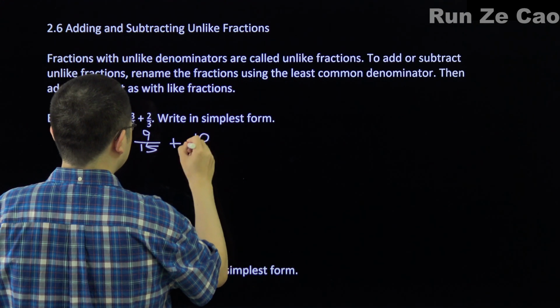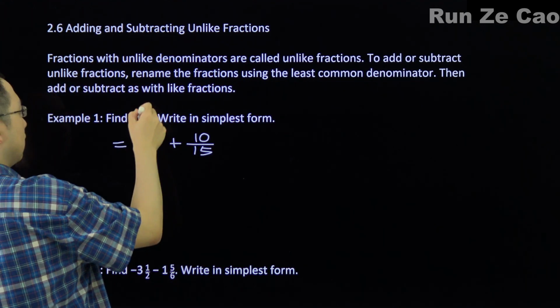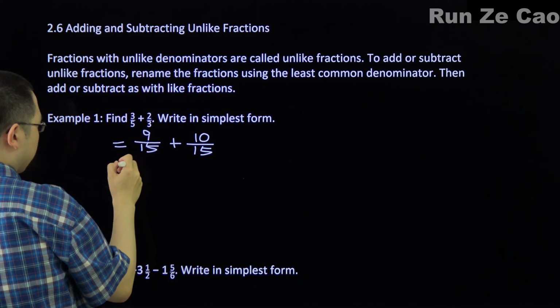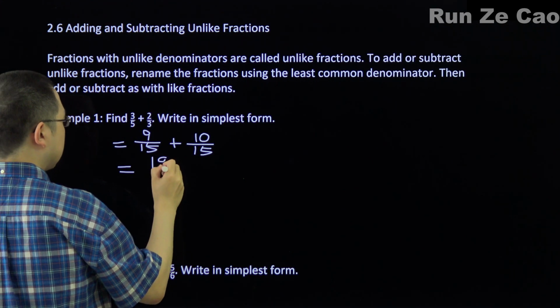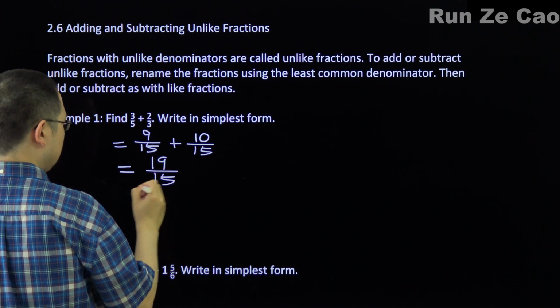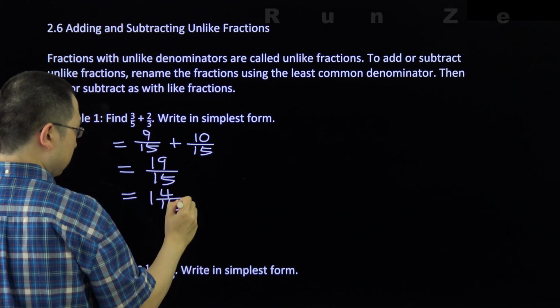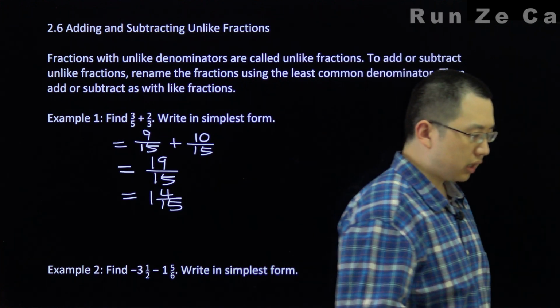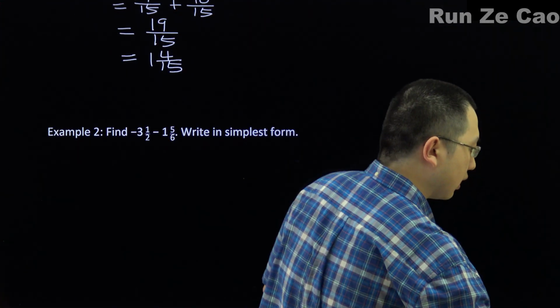Plus 10 over 15 for the new version of 2/3. Right, in simplest form, this is 19 over 15. So 1 4 over 15.